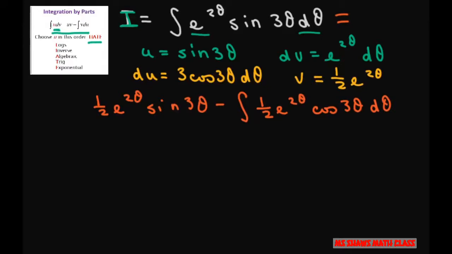Now we have a 3 here, and to save room I'm going to move this 3/2, my constant, in front.